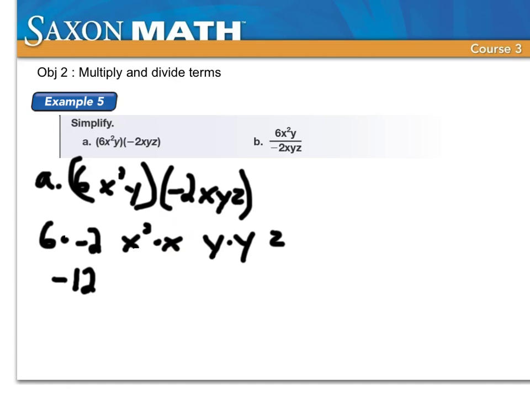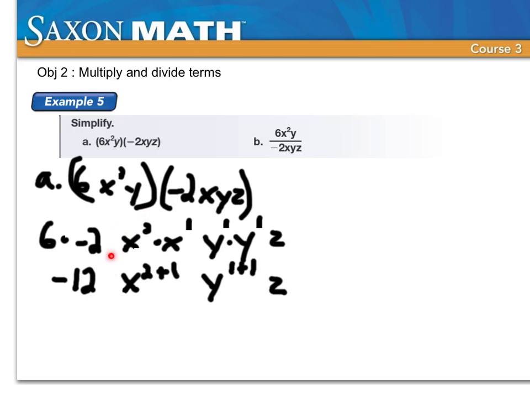This right here is like x to the first power. So when I multiply the same base, I'm going to take the exponents and add them together. So it's going to be x to the 2 plus 1. Same thing here. This is y to the first times y to the first. So I'm going to take y to the 1 plus 1. And then I still just have one z here.